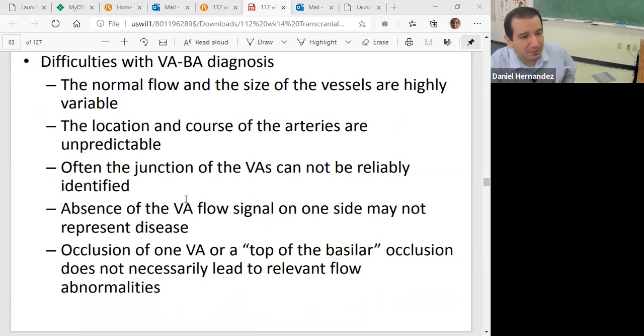So absence of a vertebral artery flow signal on one side may not represent disease. Occlusion of one vertebral artery or a top of the basilar artery occlusion does not necessarily lead to relevant flow abnormalities.